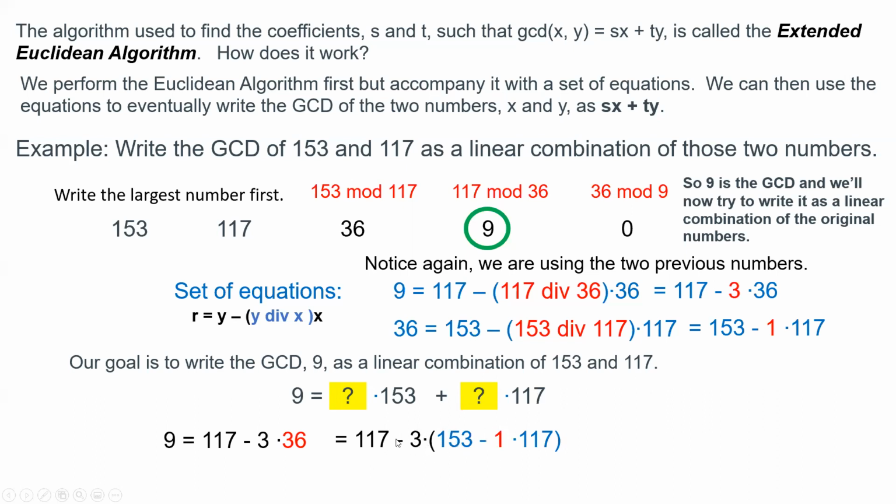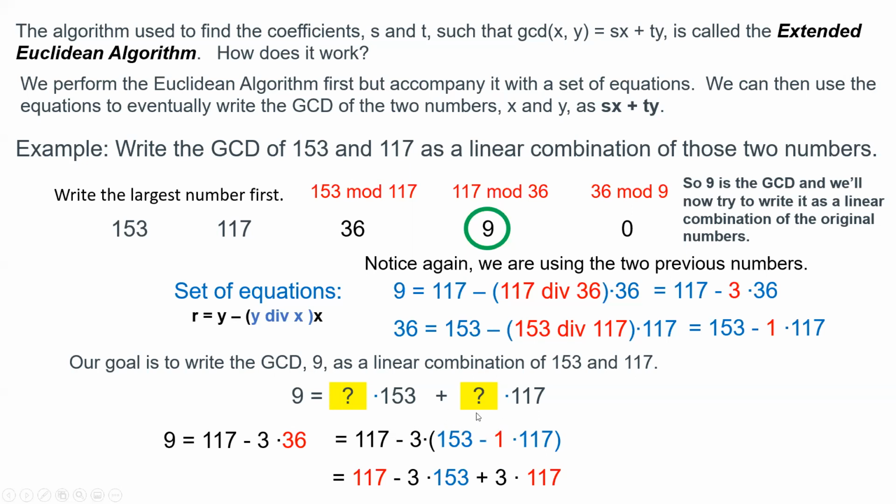So I'm going to rewrite this. The -3 can be multiplied by the 153, -3 times 153, and then a -3 times a -1. So you see what we're doing? We're distributing that -3 into both of these terms here.